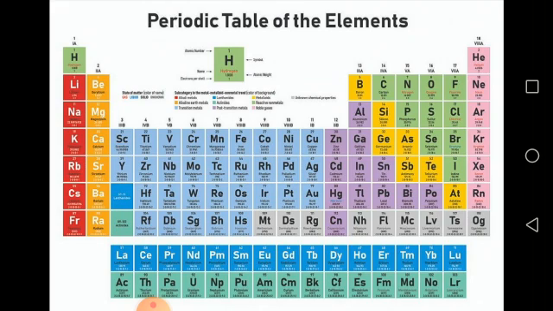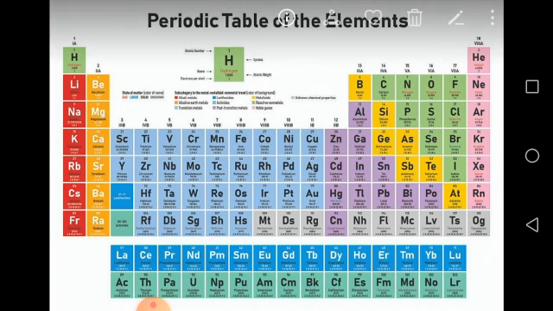If the highest value of n is 2, the element will be located in period 2, and so on. What about the groups? Actually, as we said before, there are 18 groups, vertical columns, but they are divided into two categories.